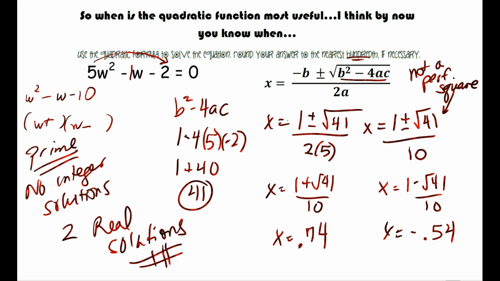If I draw a little mini graph right here, this is a narrow parabola with a y-intercept of -2. So y-intercept of -2. It is going to open upward, but it's going to cross. I don't know my vertex. I'm not going to go through all of that, but y'all get the point.